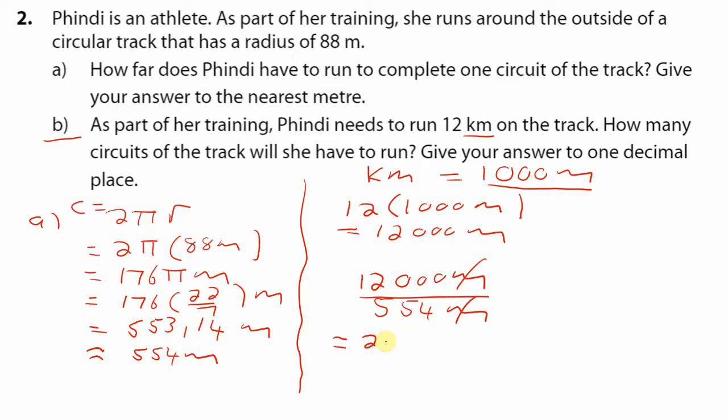After the first decimal, the neighbor to the right is a 6, bigger than 5. So the first decimal we are interested in, we have to add 1 to it. 6 plus 1 is 7. So it's 21.7 times that she has to run around the track to cover 12 kilometers.